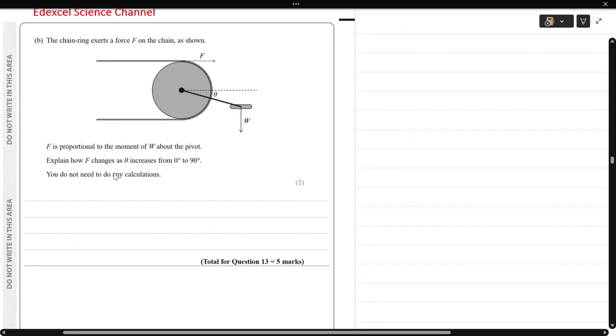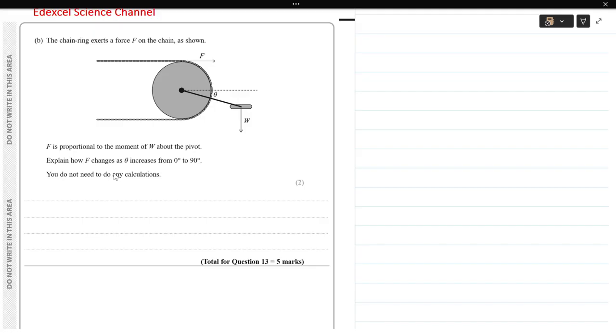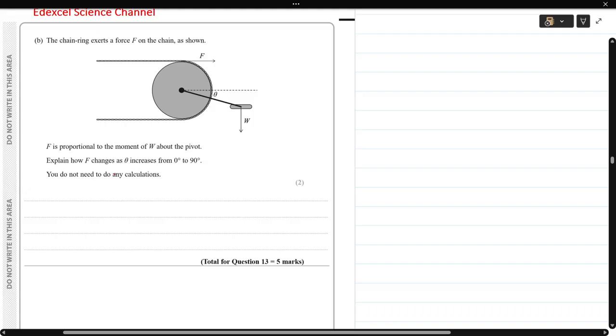Question number B. The chain ring exerts a force F on the chain as shown. So this chain is actually exerting a force.